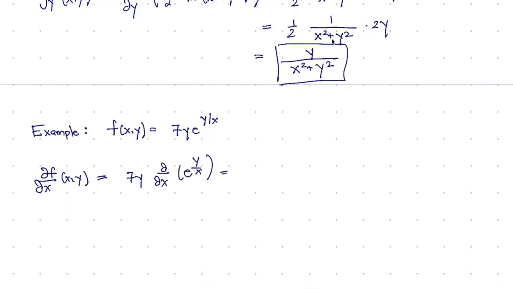But the derivative of just e, which is the outer function, and if you need to mark that, that's certainly something that you could do in order to help organize your thought process.